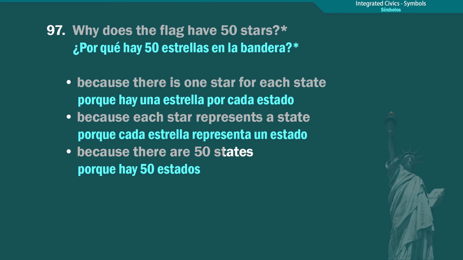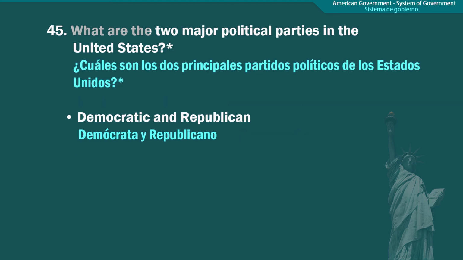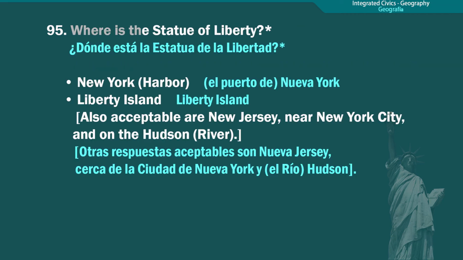Because there are 50 states. What are the two major political parties in the United States? Democratic and Republican. Where is the Statue of Liberty? New York Harbor, Liberty Island. Also acceptable are New Jersey, near New York City, and on the Hudson River.